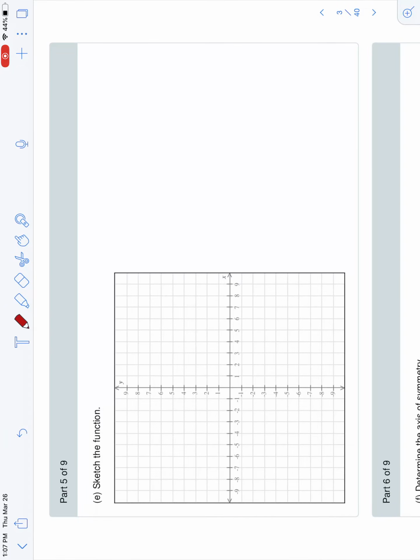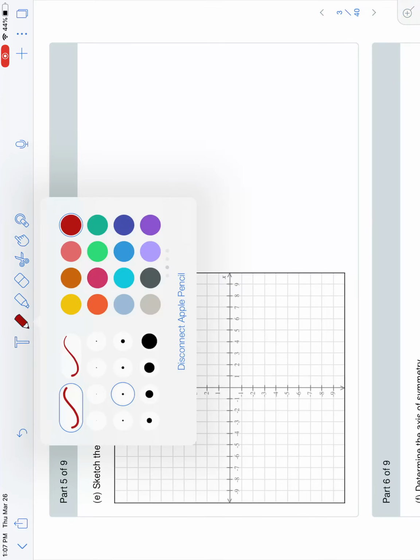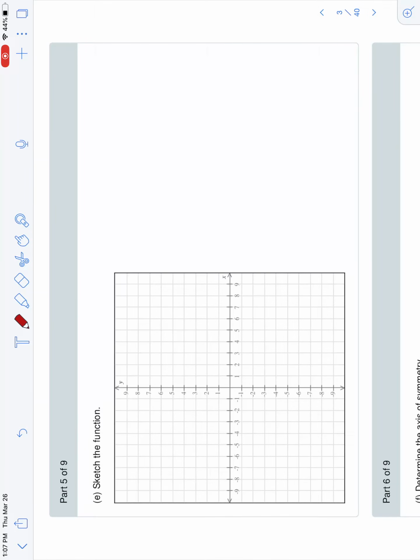Oh, now we're going to sketch the function. Now, what I suggest you do, if you do have a graphing calculator, use it. In a timed test, you want to use all approved technology like a TI-84 graphing calculator. If you have it, try to use it. And let me write down the function, which was d of x equals 2x squared minus 12x plus 17.